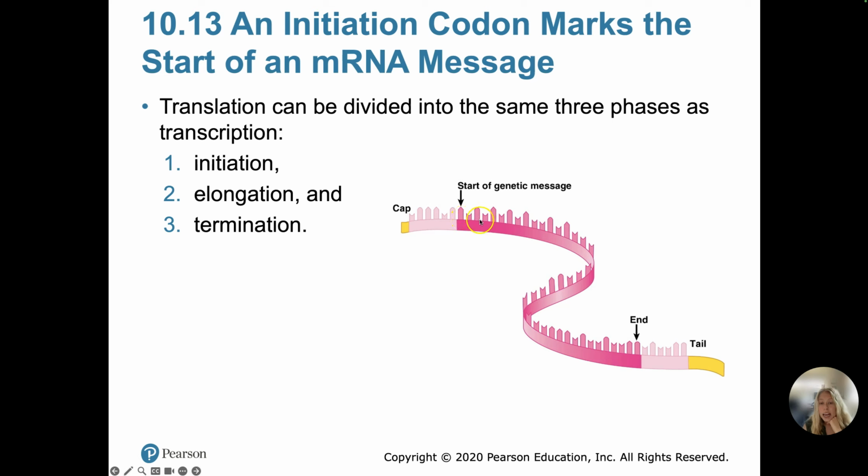The actual genetic message, the actual codons, are in dark pink. At the beginning and at the end, there are these regions that are non-coding. They mark the start of the mRNA message, and they help facilitate the binding of the mRNA to that small subunit of the ribosome.